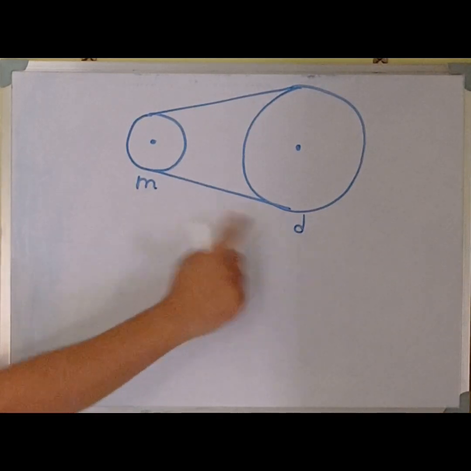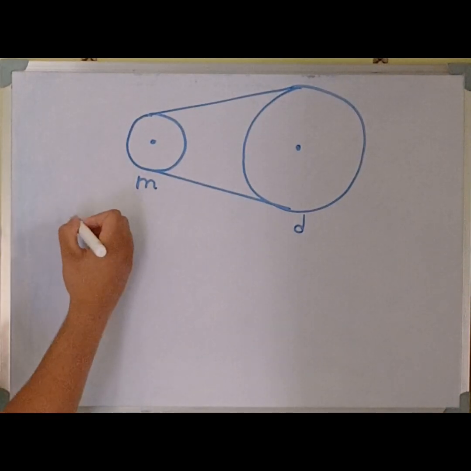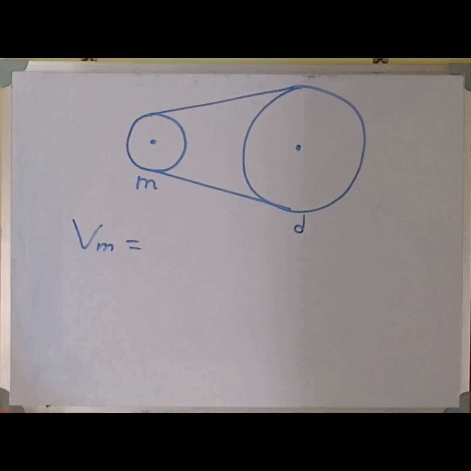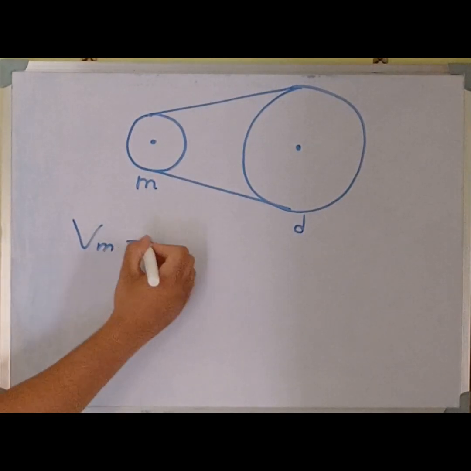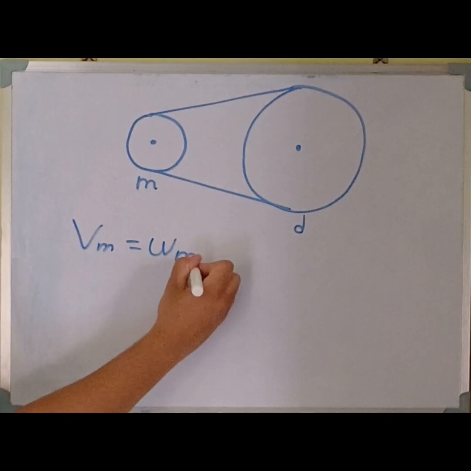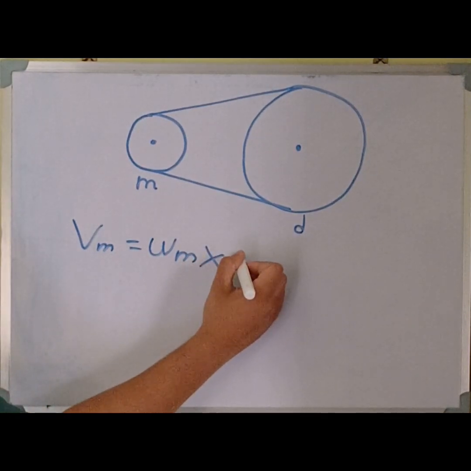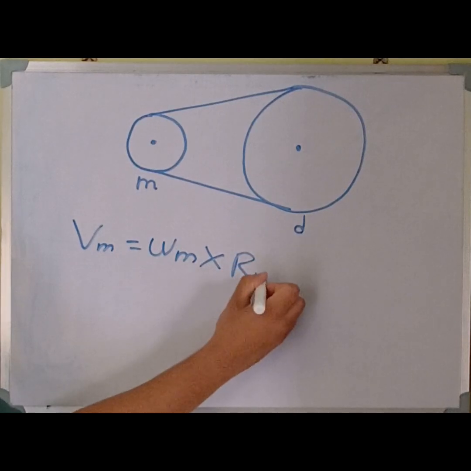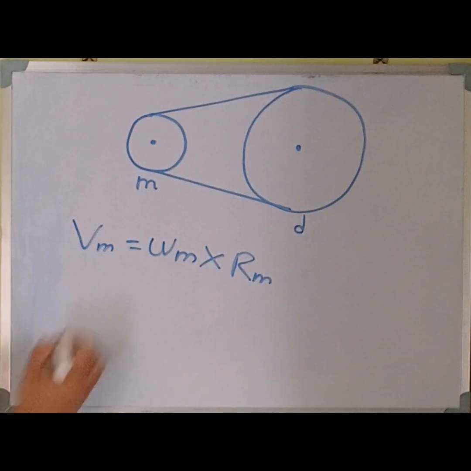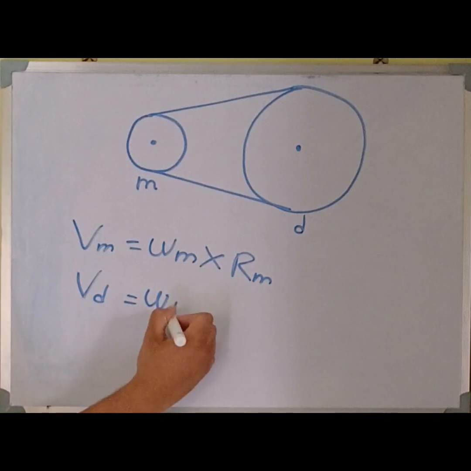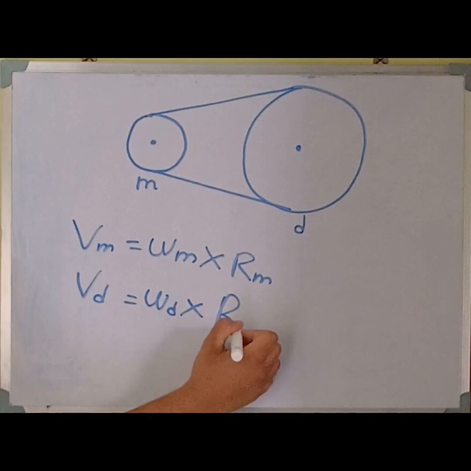So now let's apply this formula to both the wheels of the machine. For the motor wheel, Vm, the tangential velocity of the motor wheel, is equal to omega m, the angular velocity of the motor wheel, multiplied by the radius of the motor wheel, Rm. Similarly, for the driving wheel, Vd equals omega d multiplied by Rd.